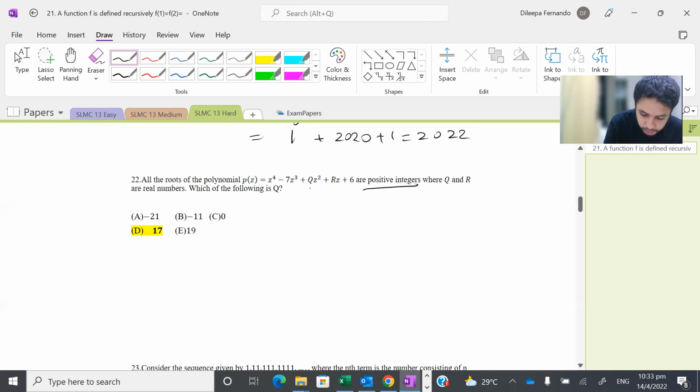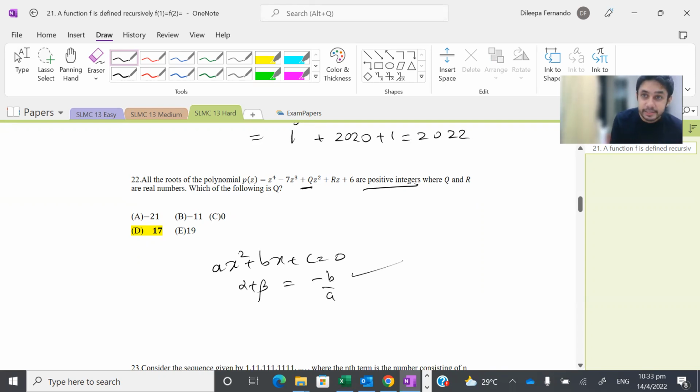So we have to use the properties of integers, or positive integers. Now you are asked about Q, and let's use some properties of the polynomial roots. If you remember your quadratic equation, x squared plus bx plus c equals 0, the sum of the roots is minus b over a. You know that.